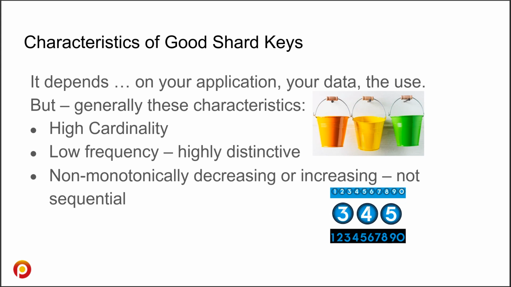But general rules of thumb: high cardinality, low frequency, very distinctive values, non-monotonically decreasing or increasing, basically not sequential. In the relational database world, a lot of the times when you partition, it's usually off of some kind of ID key. Through this talk, we'll give you some pointers on why that can be pretty not good for a MongoDB shard key.